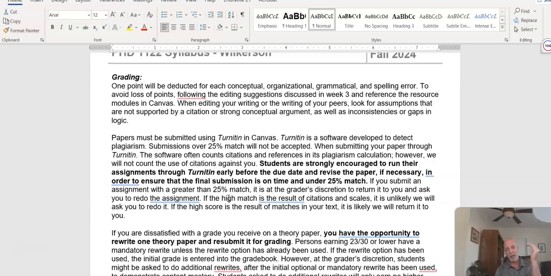So the way I structure this course, to be really transparent, is if anyone makes below a 23 out of 30, they have a mandatory rewrite. So 7 mistakes, mandatory rewrite. And those mistakes can be as small as grammatical and spelling errors to as large as not fully articulating a construct or a concept or failing to provide appropriate citations.